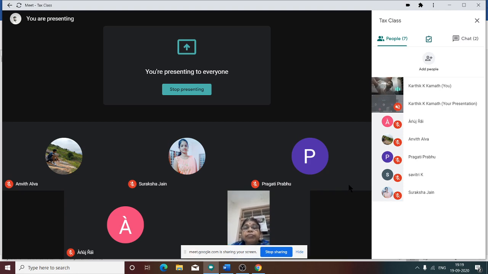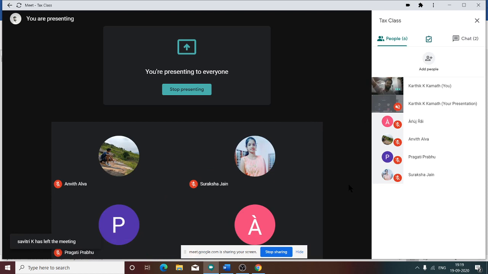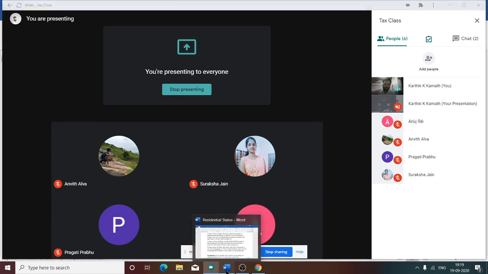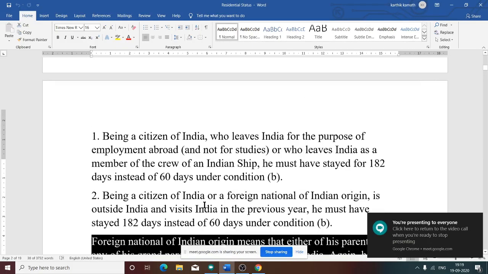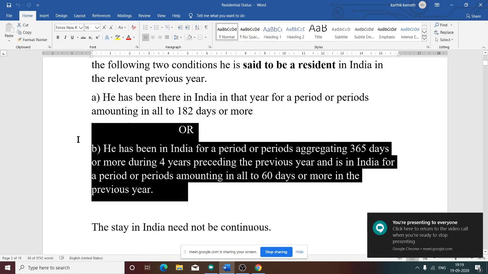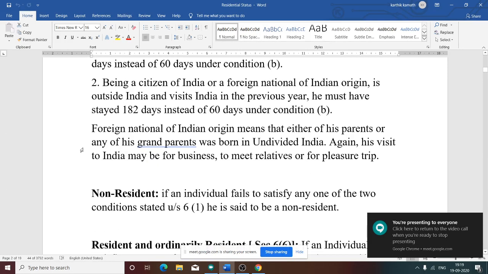Suppose any of the parents or grandparents were born in India before independence, that is before 1947, and now their children are living outside India. In that case, again, the first condition he should satisfy. The second condition is not available.